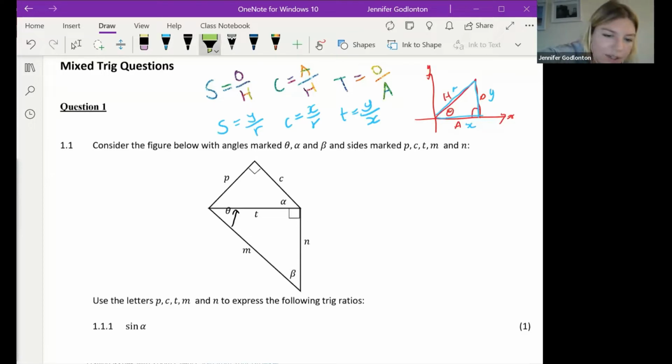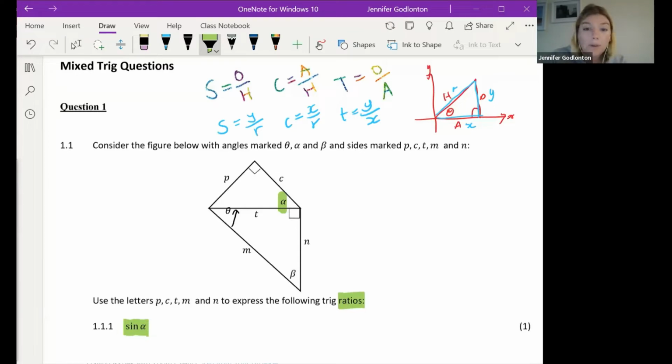Our first question is asking us how we would write it as a ratio, so like a fraction. Remember, when it says ratios, it just means fractions. How we would write sine alpha. So we're going to find alpha in our triangle.